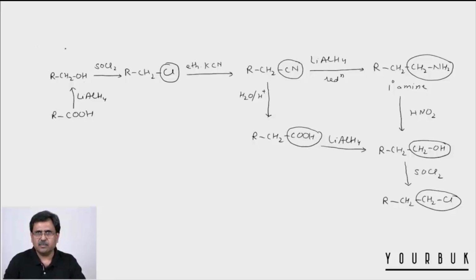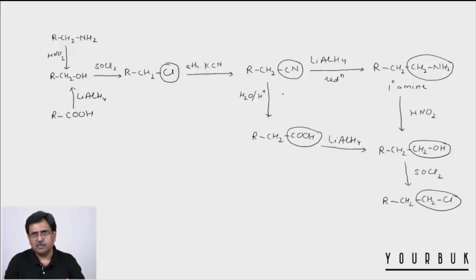And if you want to step up in the amine series, again amines cannot react with KCN directly. So we first convert the amines into alcohol using nitrous acid, and then we convert alcohol into chloride. We follow the sequence of steps and you stop the reaction at the amine.